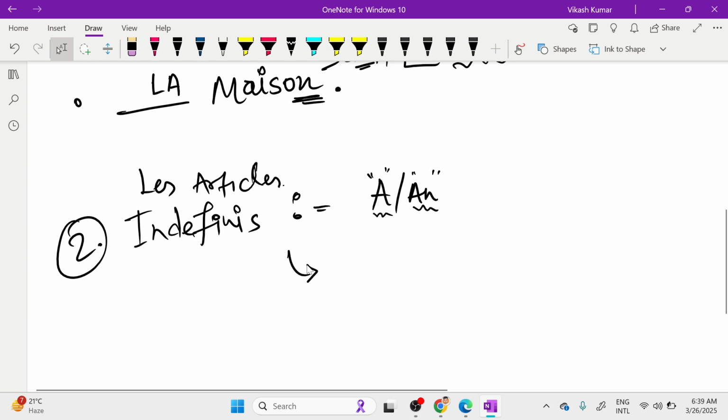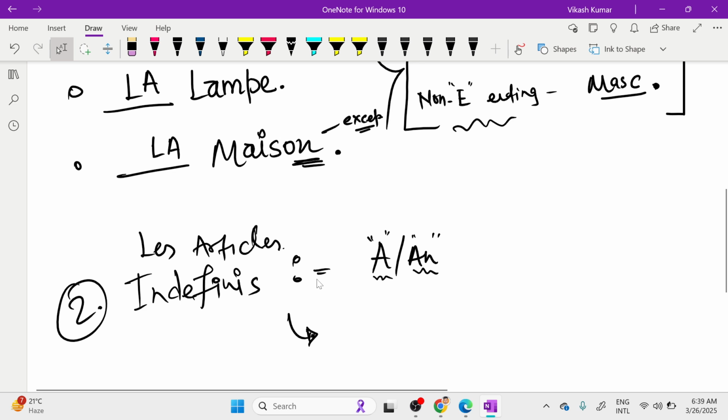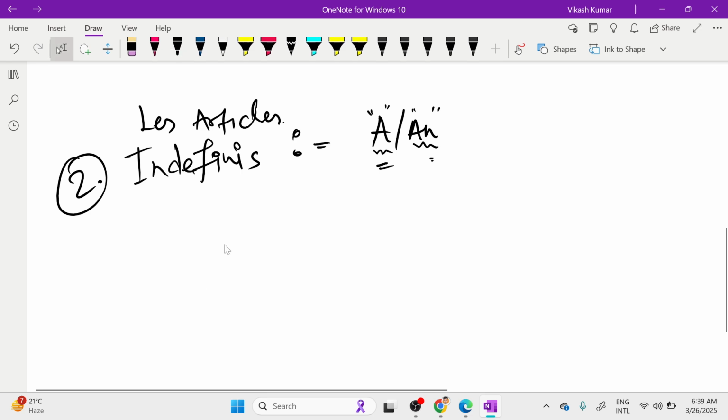Here in French, it has some variety, because nouns have gender here again. So it cannot be simple a or an. We have genders also, so it should be gender specific. So, indefinite articles now. First is un, which is for masculine singular.